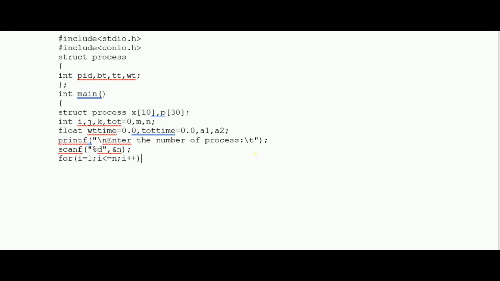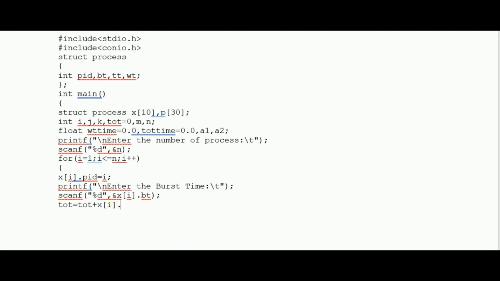Now here we have to give the PID, assign PID to each and every process, and then the user has to assign the burst time to each process, and here we will record the total time.